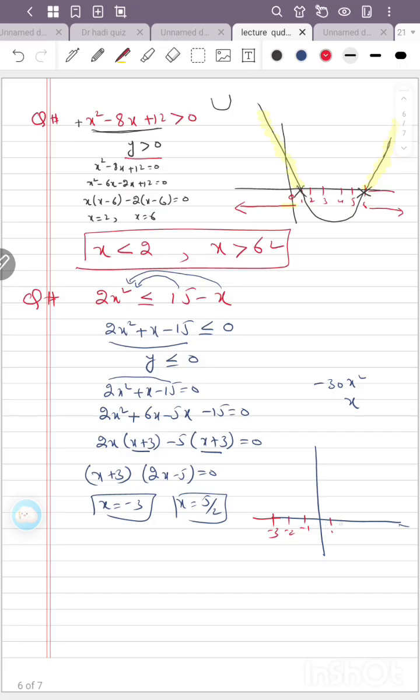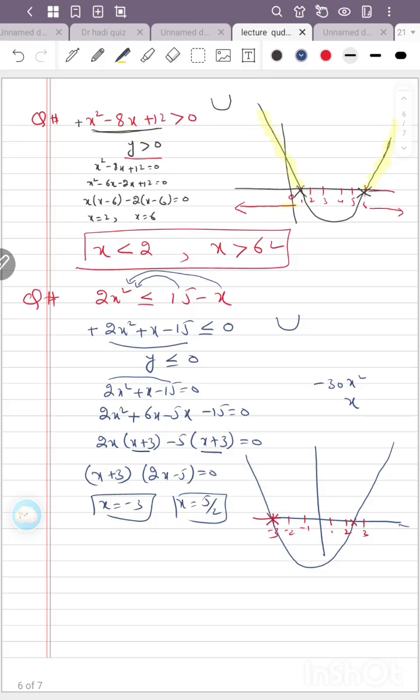Here 1, here 2, 3, so 2.5 will be here. These two points are our main points. When we make the graph, because the x square coefficient is positive, the shape will be this way. We just draw the graph, and this is our graph.